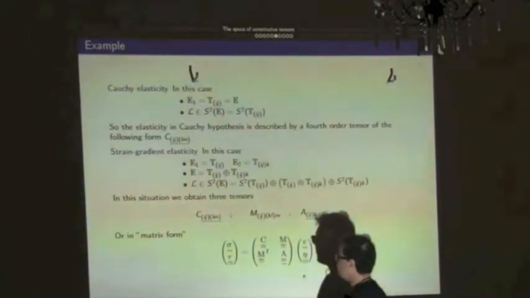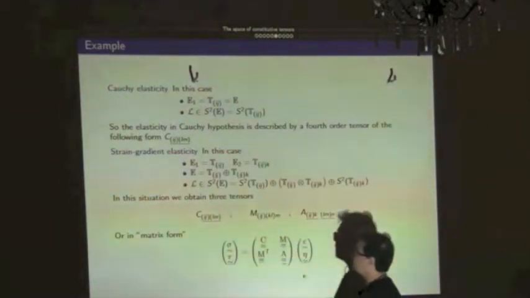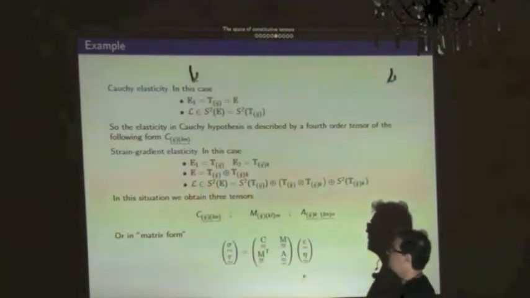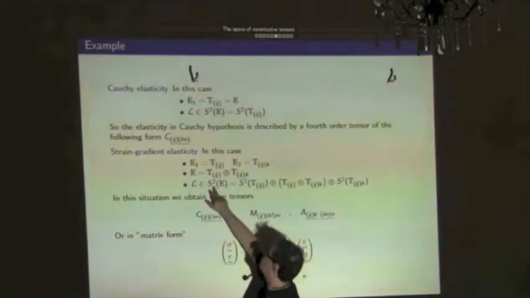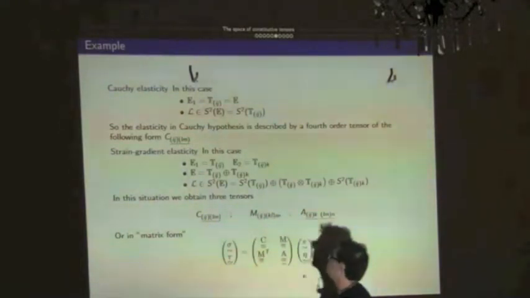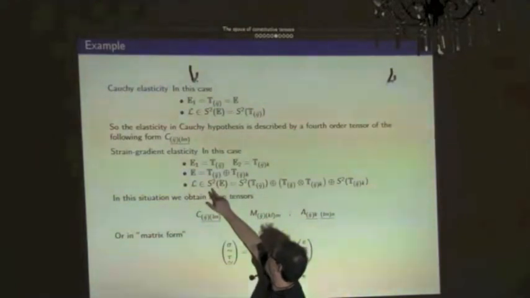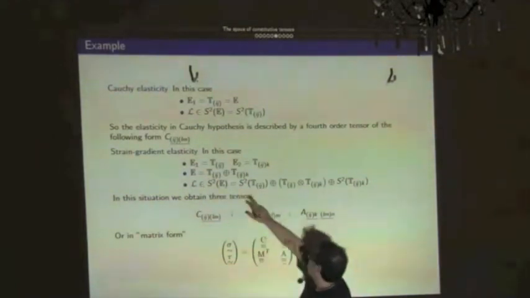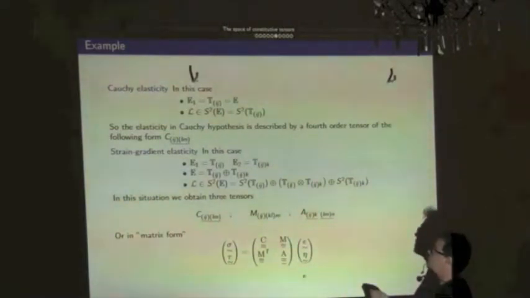And if I look for a linear behavior, this linear behavior will belong to the symmetric tensor product of the space used for my description. So here I will have S2 of this space, and I can expand my product.